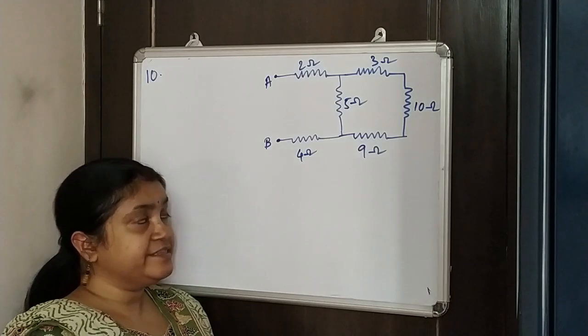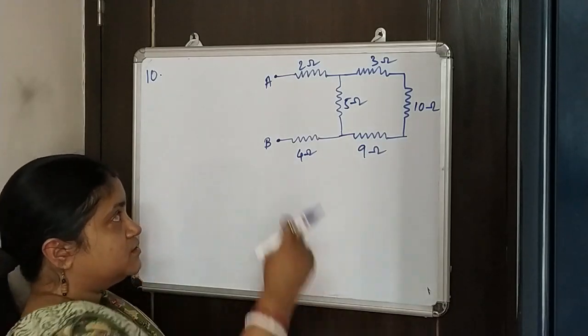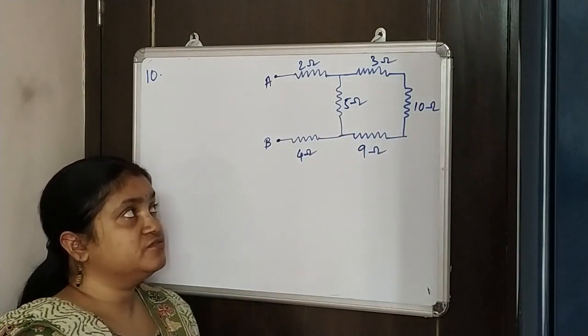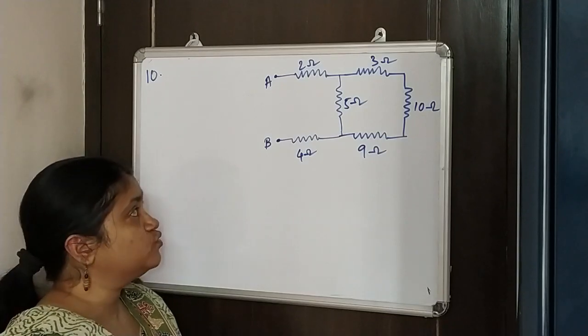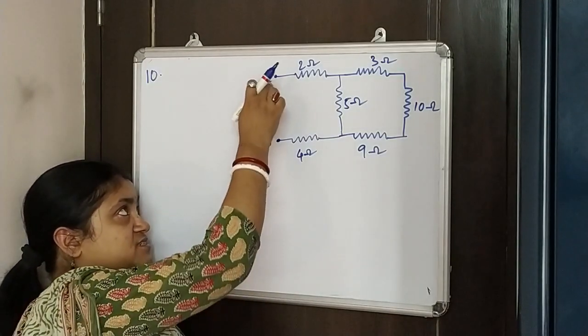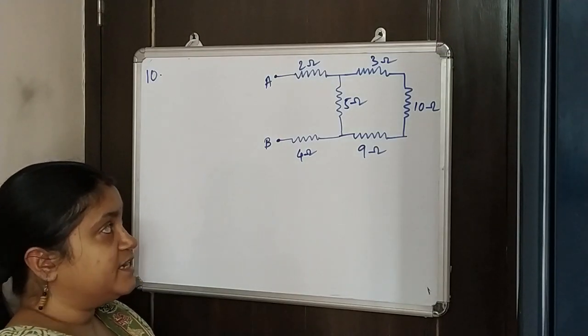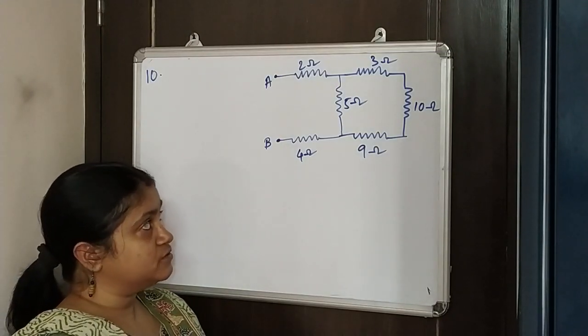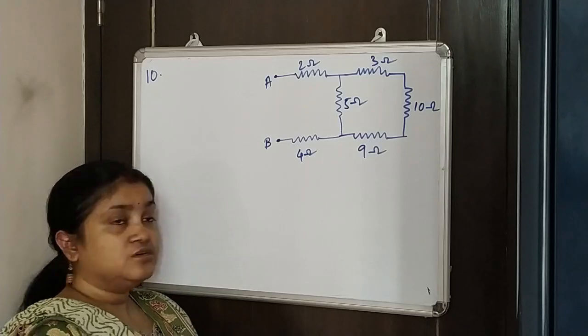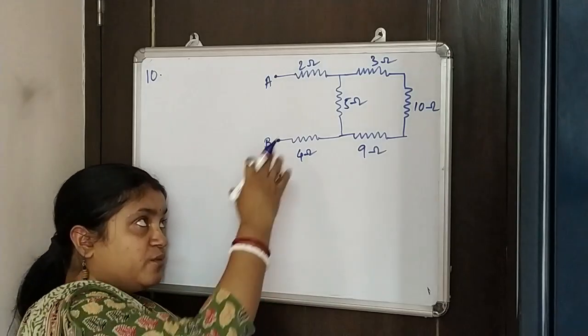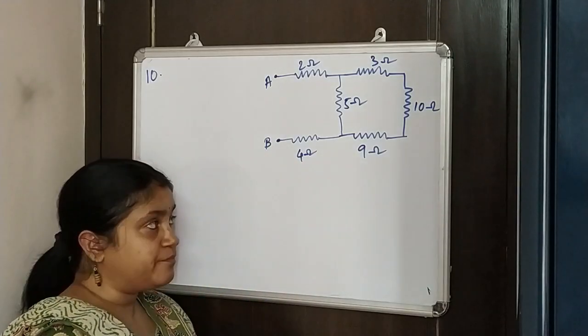Coming to the 10th numerical, this is the combination of the circuit as given, and we have to find the equivalent resistance between point A and B, right? So this is again the same type of question where we have to use the combination both series as well as parallel.